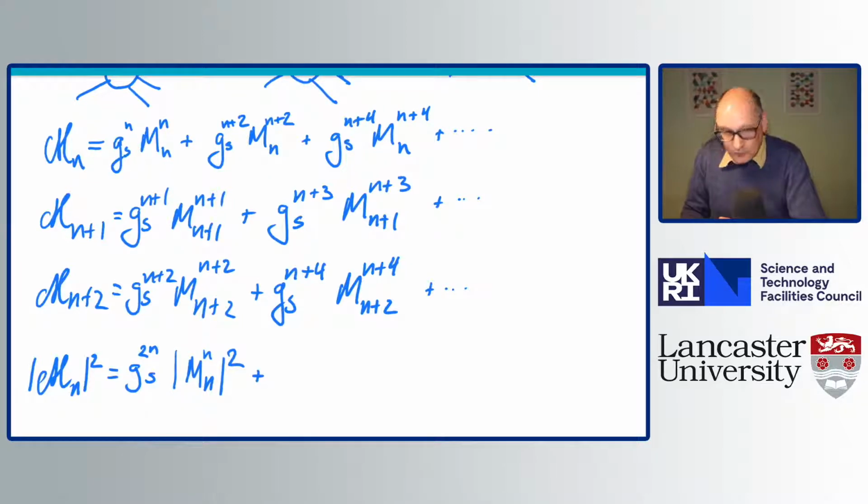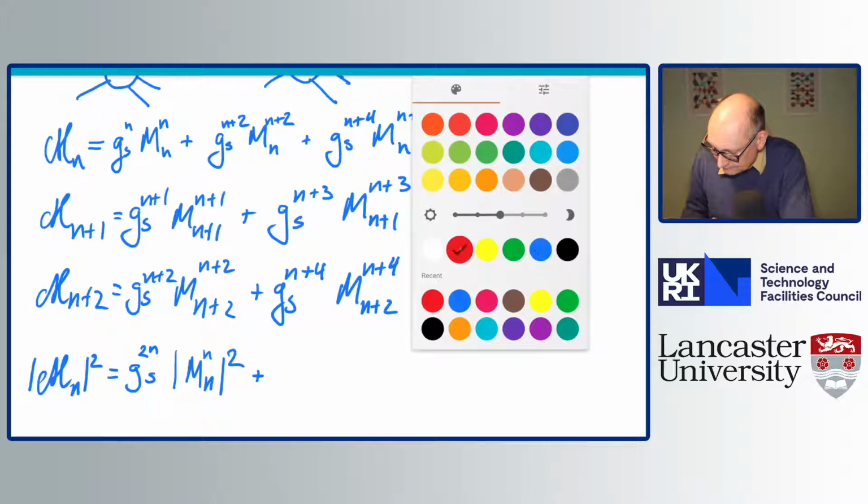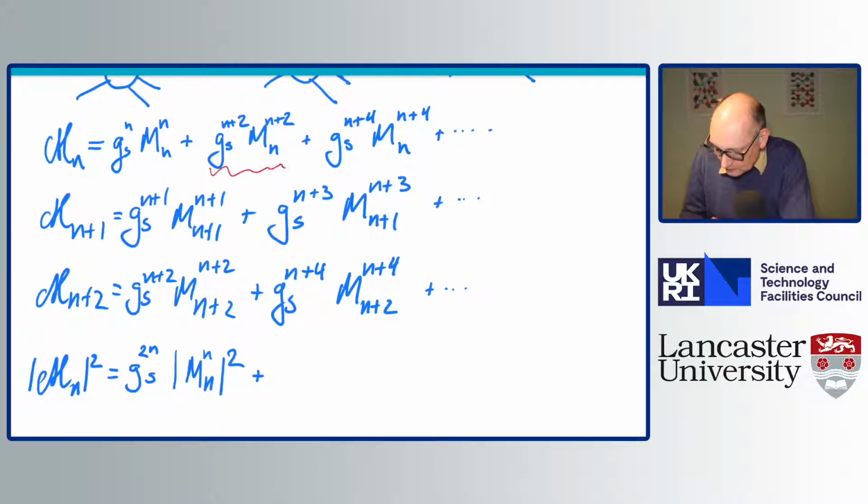Then the next order in the coupling will be the interference between this term and that term, right?